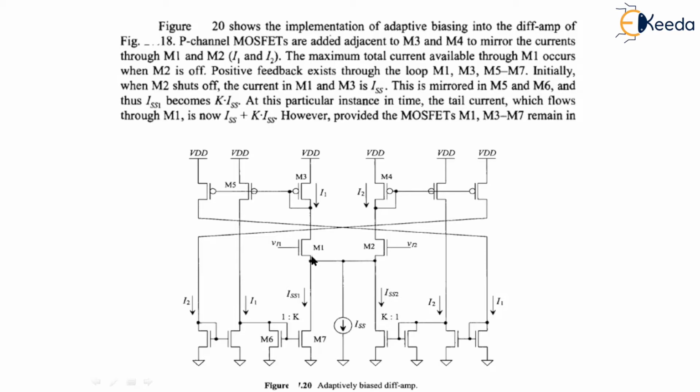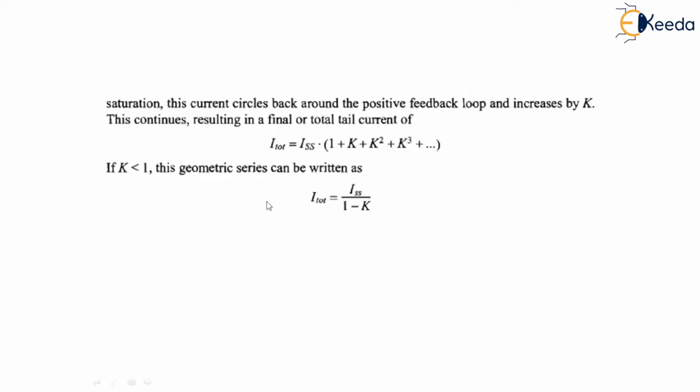However, provided the MOSFETs M1, M3 up to M7 remain in saturation, this current circles back around the positive feedback loop and increases by K. This continues, resulting in a total tail current I out equal to ISS times (1 plus K plus K squared plus K cubed and so on). It forms a geometric series if K is less than 1, and the summation of this series gives I total equal to ISS upon 1 minus K.